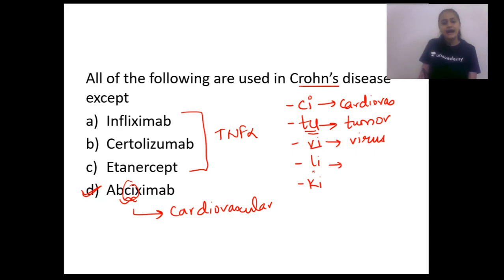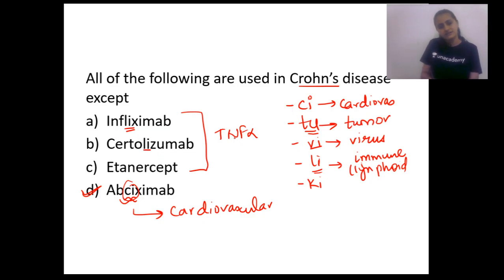When I say LI, remember LI is for immune system. You can remember from LI, basically LI like lymphoid, that is the immune system. So when you say infliximab, it is against the immune system, that is TNF alpha.